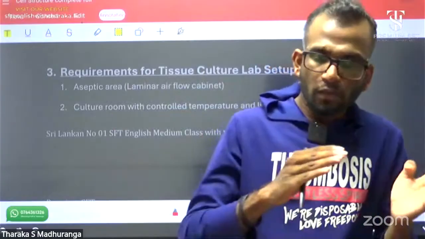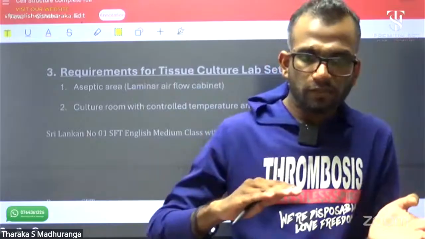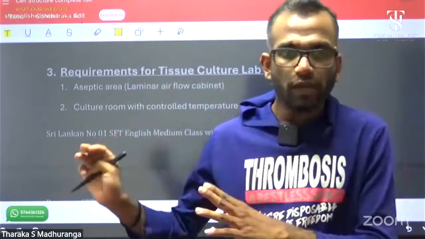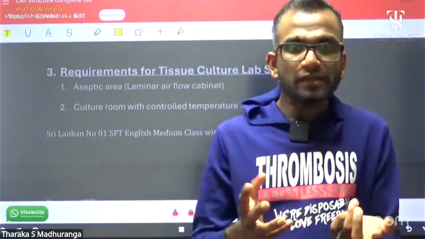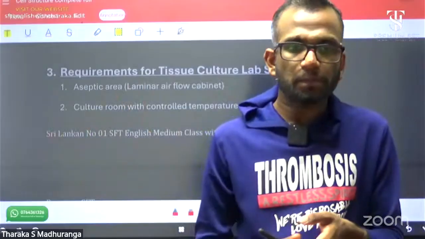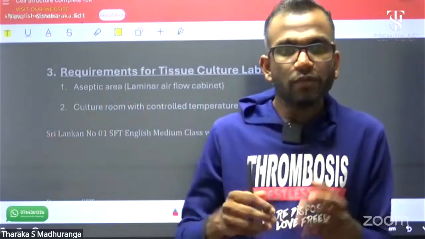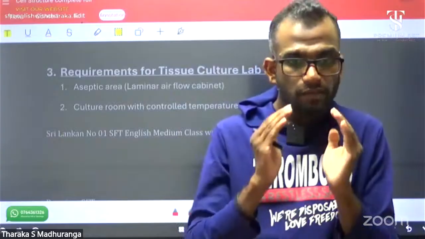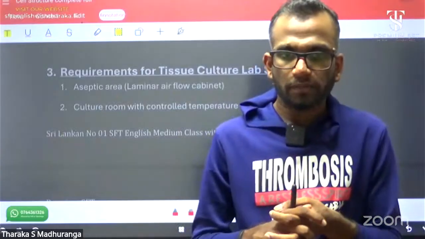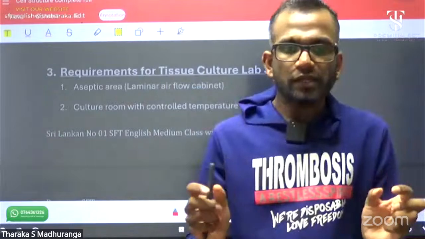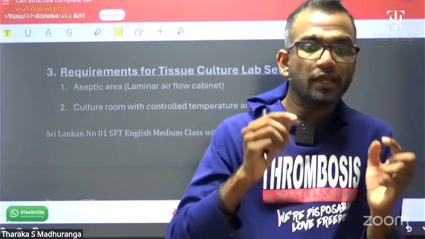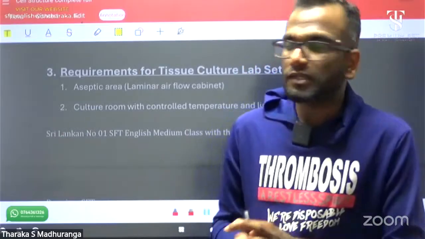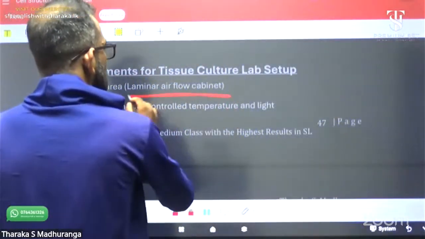All metal parts go into the autoclave, and glassware is wrapped in paper and heated, to destroy microorganisms. Aseptic condition is very important. After that, insert the explant into the growing media in aseptic conditions inside the laminar flow cabinet.